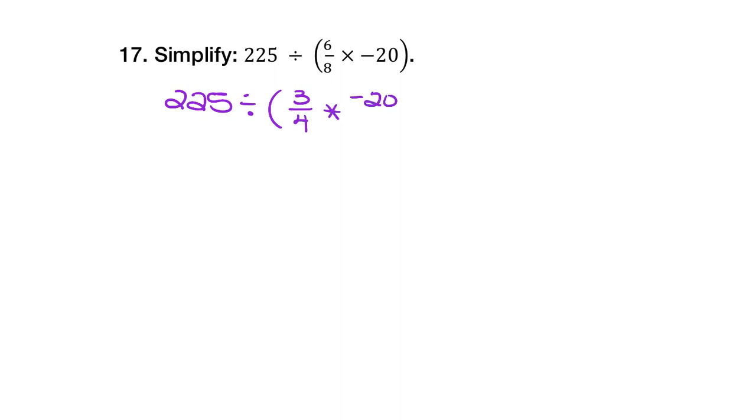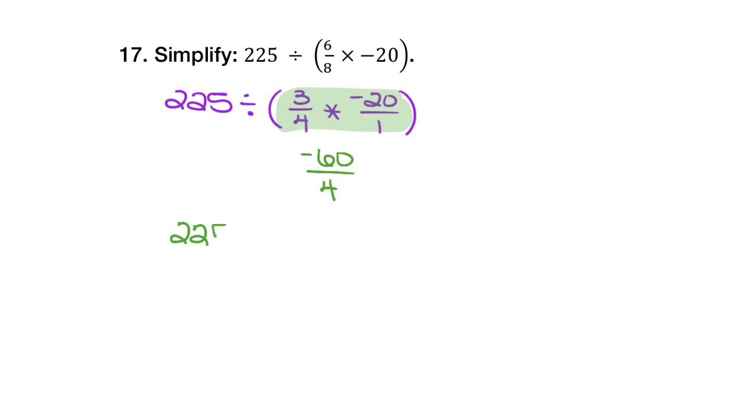And we're going to multiply it by -20/1. So let's do the parentheses section first. What is 3/4 times -20/4? Is it -60/4? It's -60/4, which becomes -15.